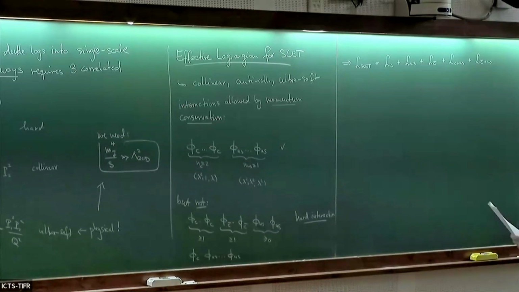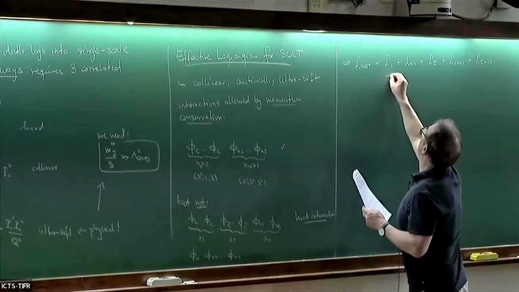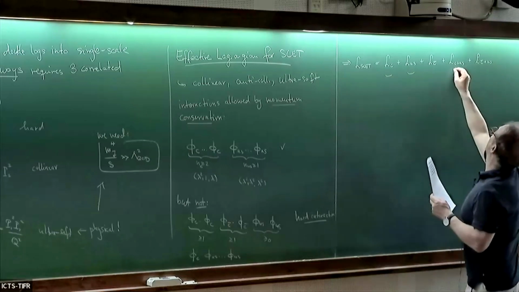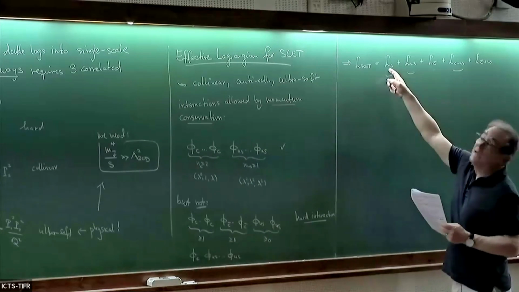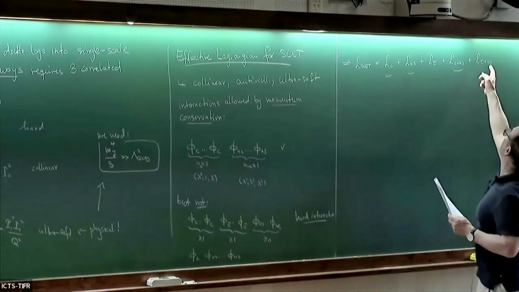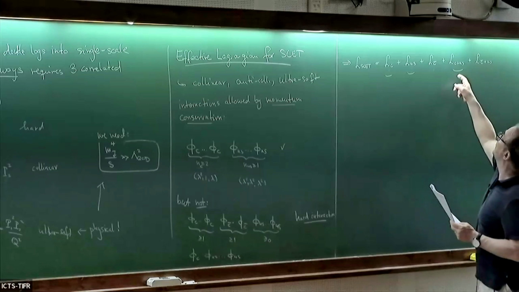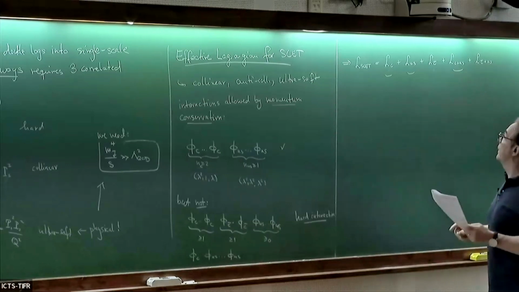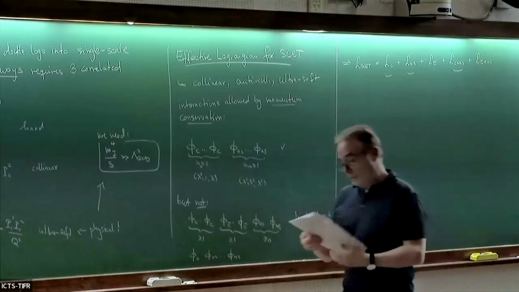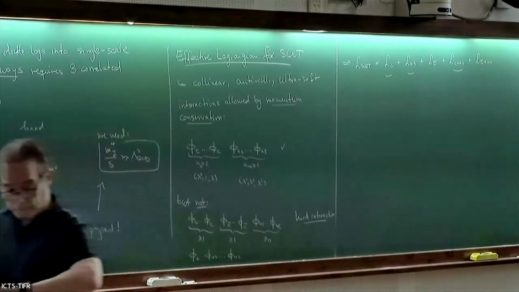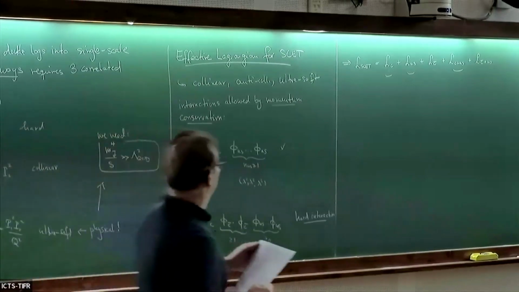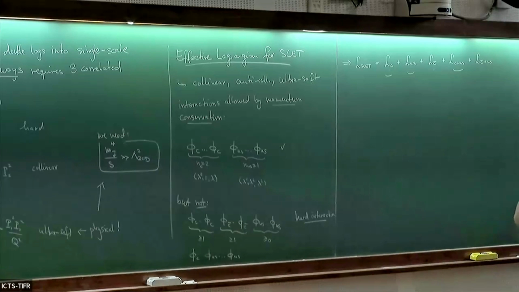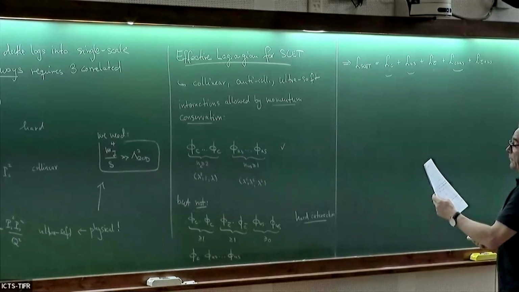And because of this structure, it's sufficient if we analyze these three terms, because the anticollinear Lagrangian will be identical to the collinear one, and this anticollinear plus ultrasoft will be identical to this one. So I'm going to focus on the collinear Lagrangian and its interaction with ultrasoft. And then it would carry over identically to the case of anticollinear fields.